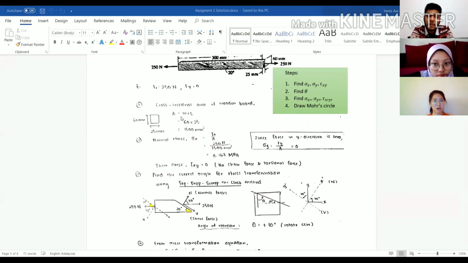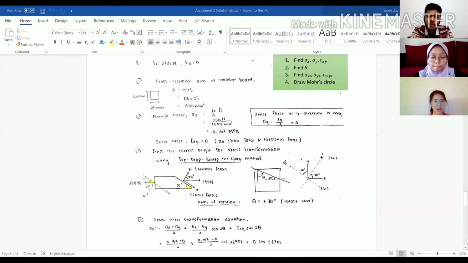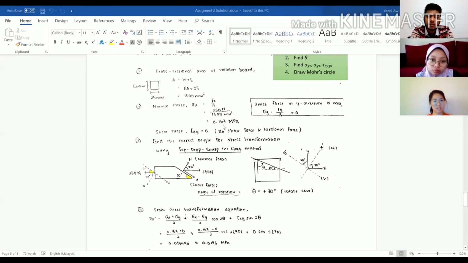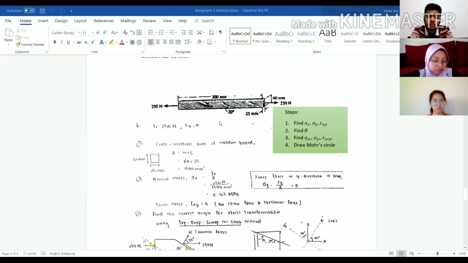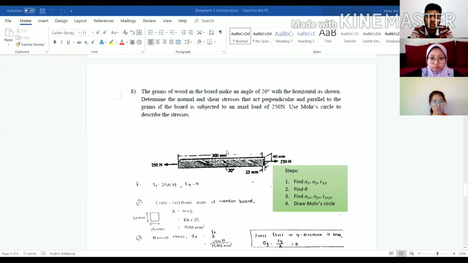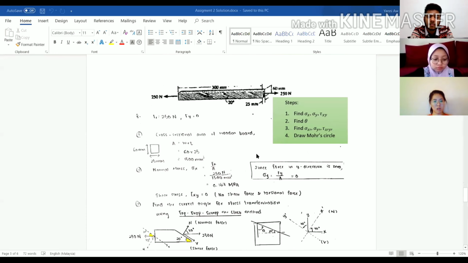For sigma x, we use this formula, and Fx has been given, so we substitute it inside and get this value. And for Fy equal to 0, sigma y is equal to 0. And then shear stress is equal to 0 because we can see that there's no shear force and no torsional force, so it is also equal to 0.